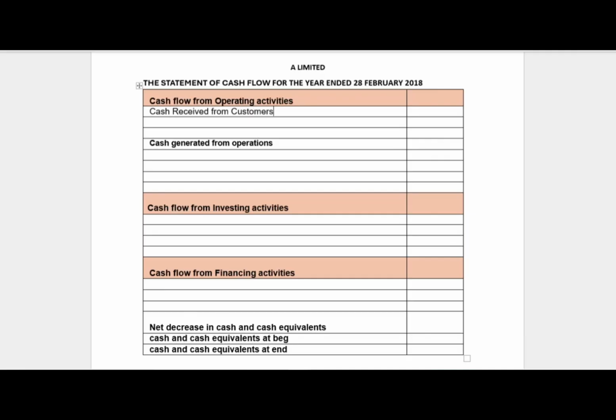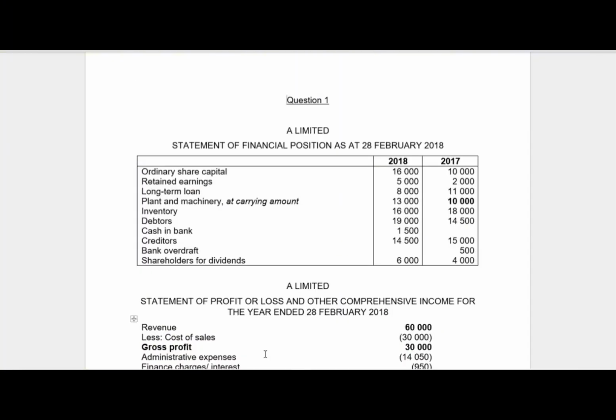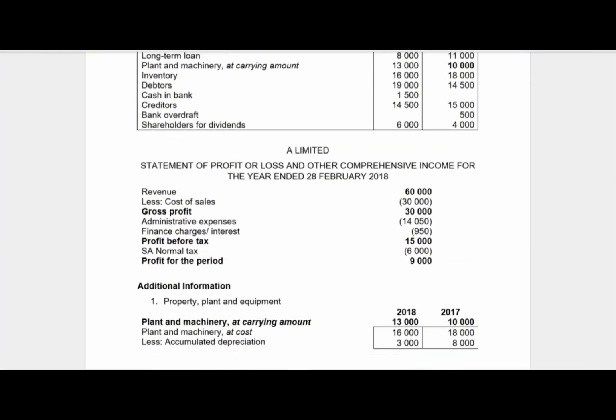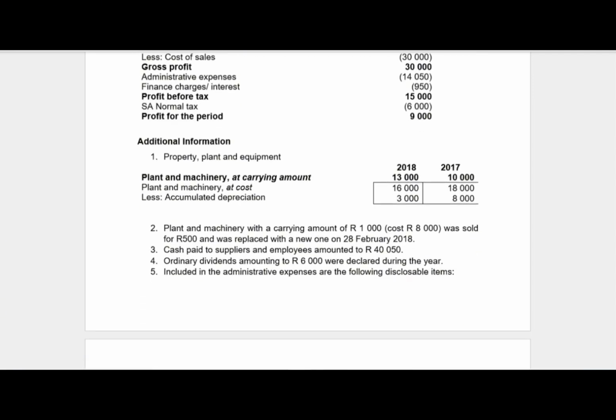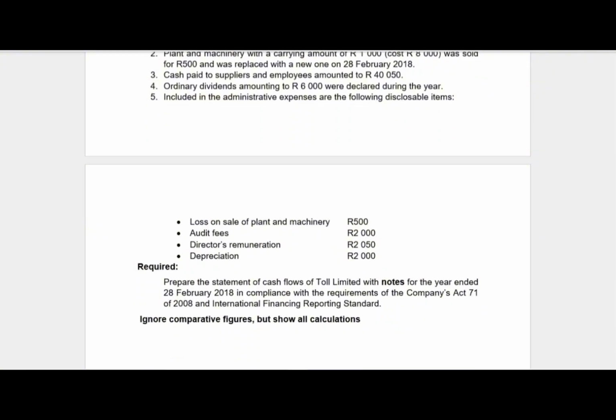Okay, so this cash received from customers, as we went through our information in the question paper, is not given. So how do we calculate that? We need to calculate it because it is not provided in this question. When we check, it is not provided, but there are items and information on how to calculate the cash received from customers.